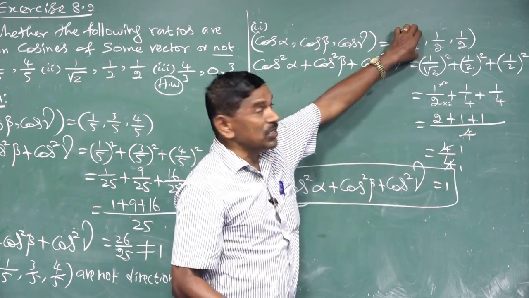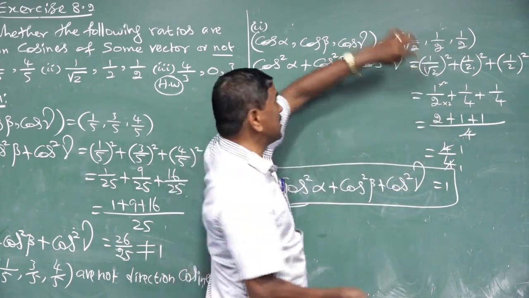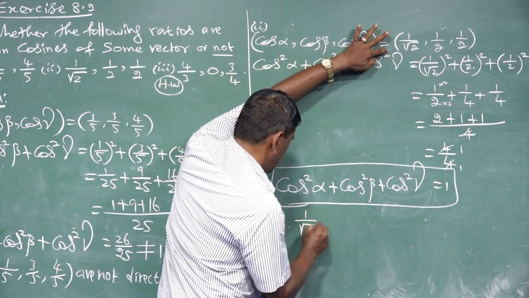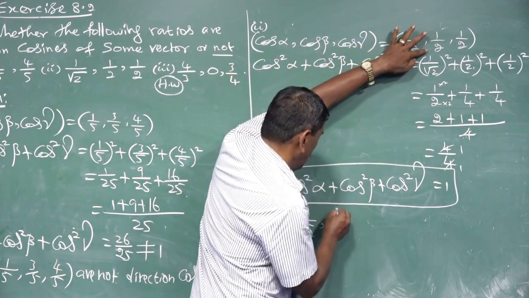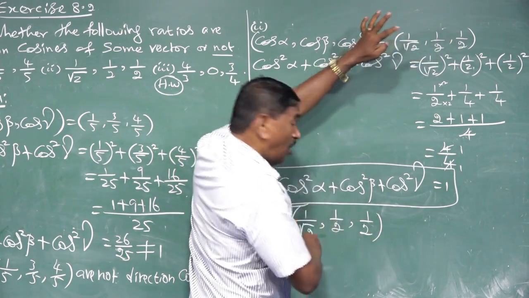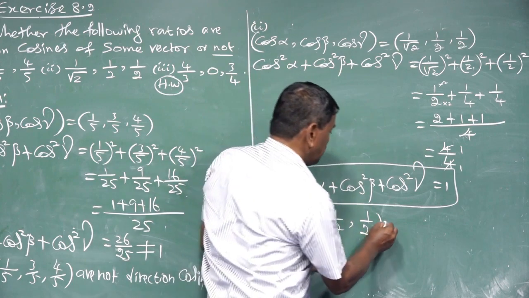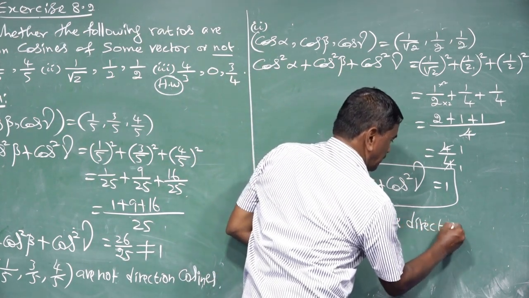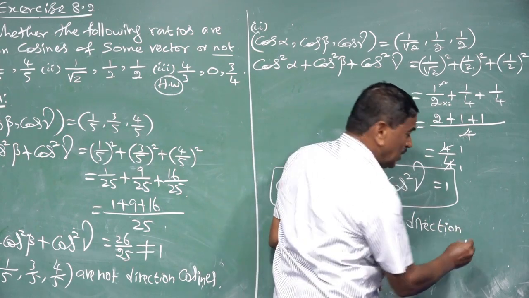Therefore, the given ratios are direction cosines of some vector. Therefore, 1 by root 2, 1 by 2, 1 by 2 are direction cosines.